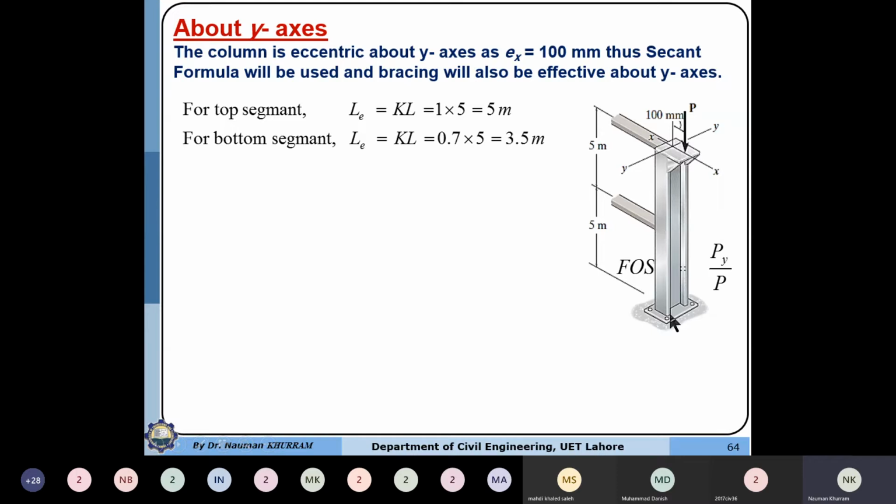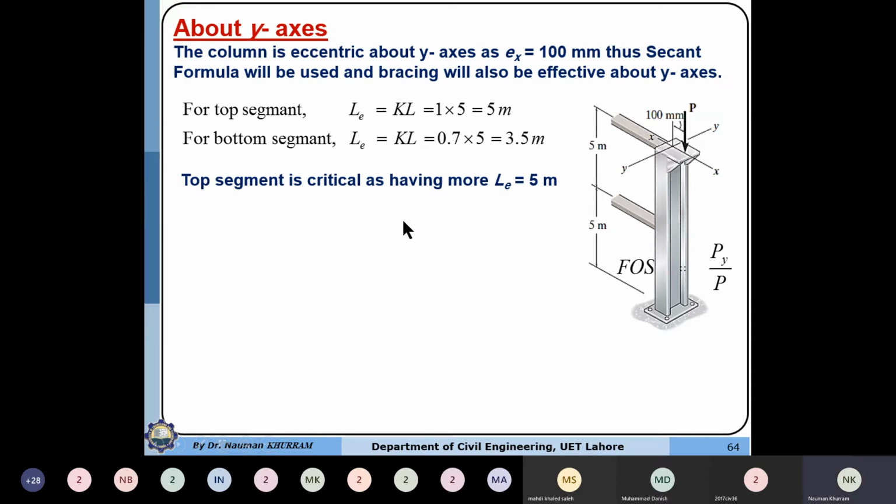So one end pin, one end fixed. So the K value will be 0.7 and the effective length will be 3.5. It means that the critical segment will be the top one, which has more effective length. So we will determine the capacity corresponding to the critical segment, 5.